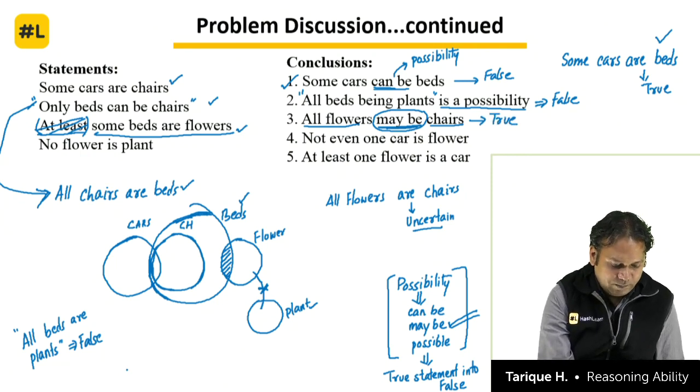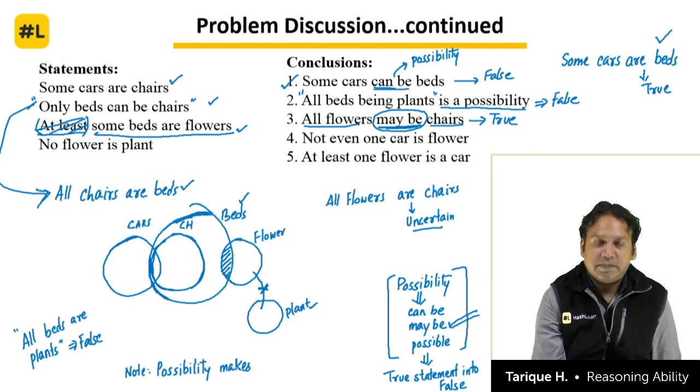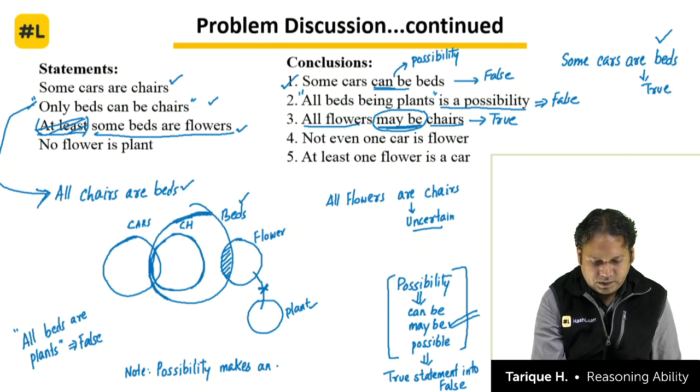So note here, possibility makes an uncertain statement true.